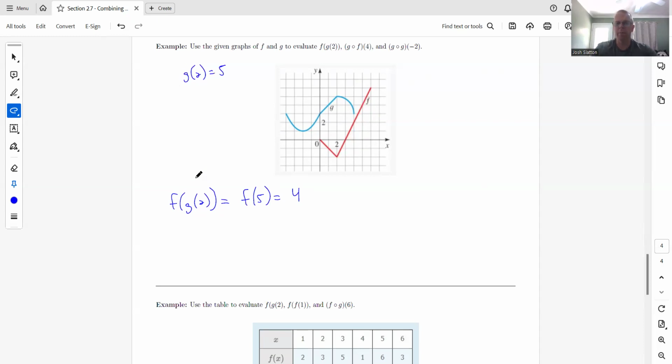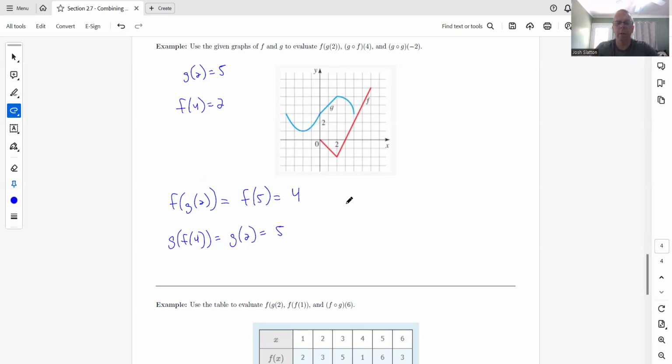So you start at the input, figure out what that value is, and then plug it into the output. g of f of 4. So what is f of 4? 3, 4. f of 4 is 2. So we need to find g of 2. And we already know from this one, g of 2 is 5.